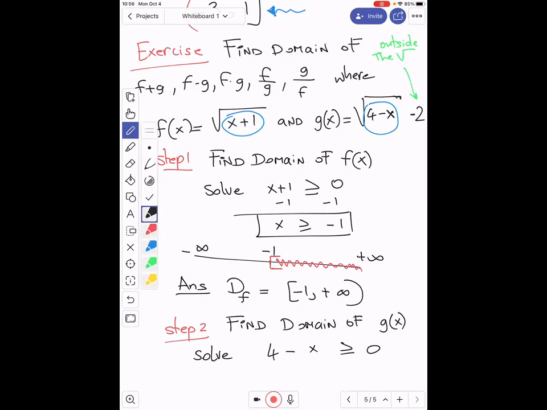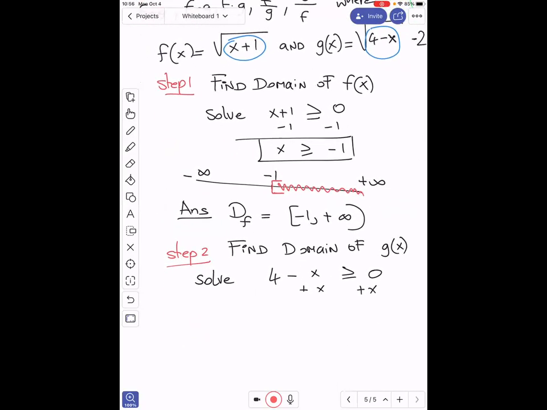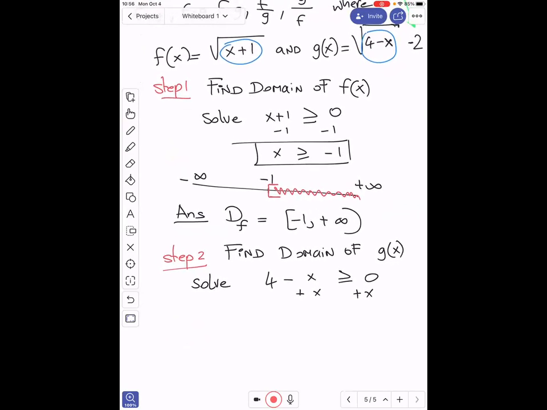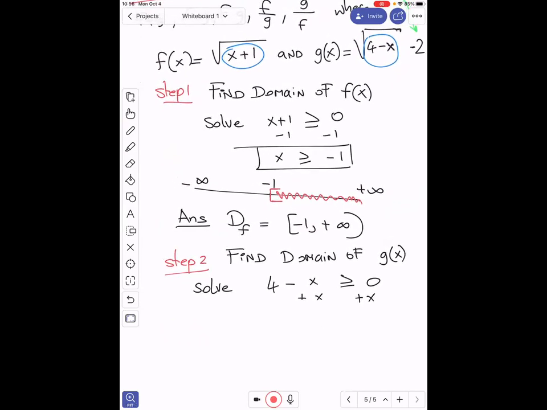If you add x to both sides, of course, you can also subtract 4. But then you're going to end up with minus x, which is not exactly x, so you have to multiply by -1, etc. Probably it's better just to add x to both sides.